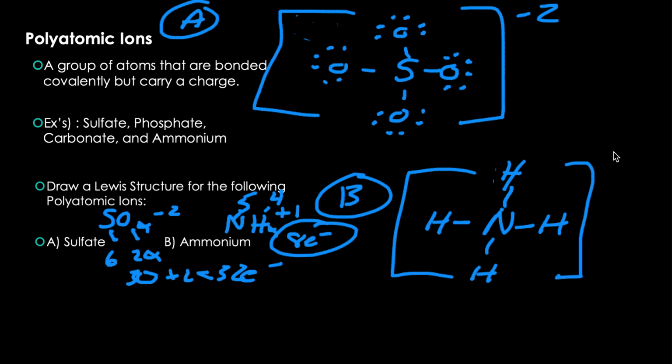Put a bracket around our ion and put a positive charge on the outside. You could just put plus or +1, whatever you want to do. And this concludes our video on ionic compounds and ionic bonds.